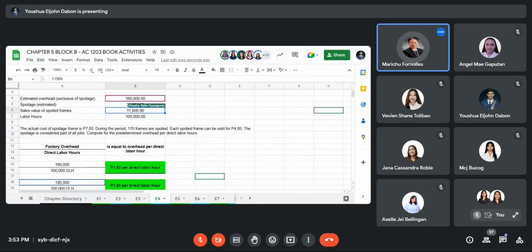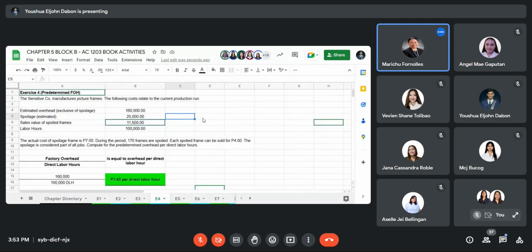Therefore, what is the net cost of spoilage? The unrecoverable cost of spoilage. $11,500 raman ang sales value sa spoiled frame. So what is the unrecovered, what is the balance of your FOC account, if that is the case? 173,500, miss.